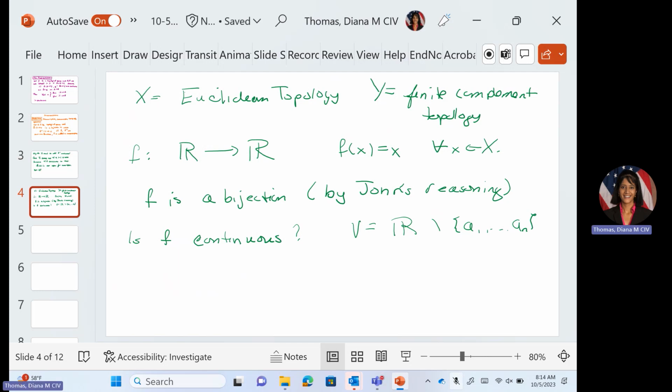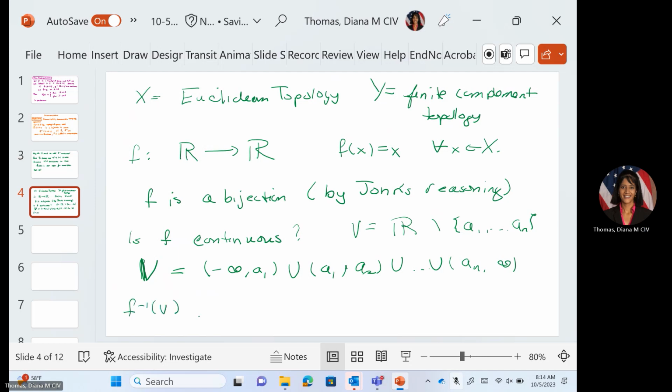Actually, I wrote it the way Michael writes it, but it's easier to think of it like this. So if I take F inverse of V, I just get V, which is open because it's the union of basis elements.